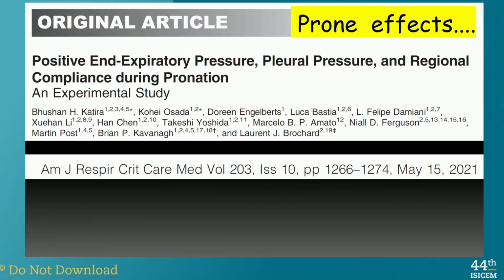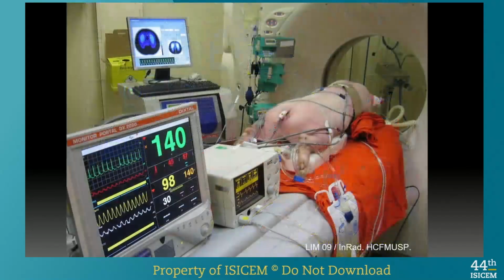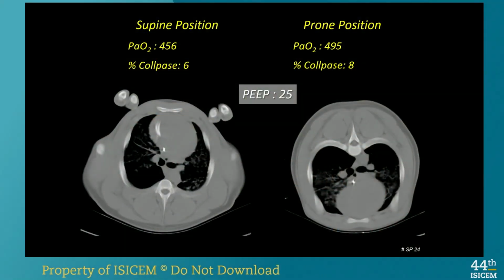Very recently, we have revised this idea because we thought that we needed new information about the dynamics of this. And in this recent paper, we had pigs monitored very intensively in supine and prone. And then we measured the amount of collapse at each position.